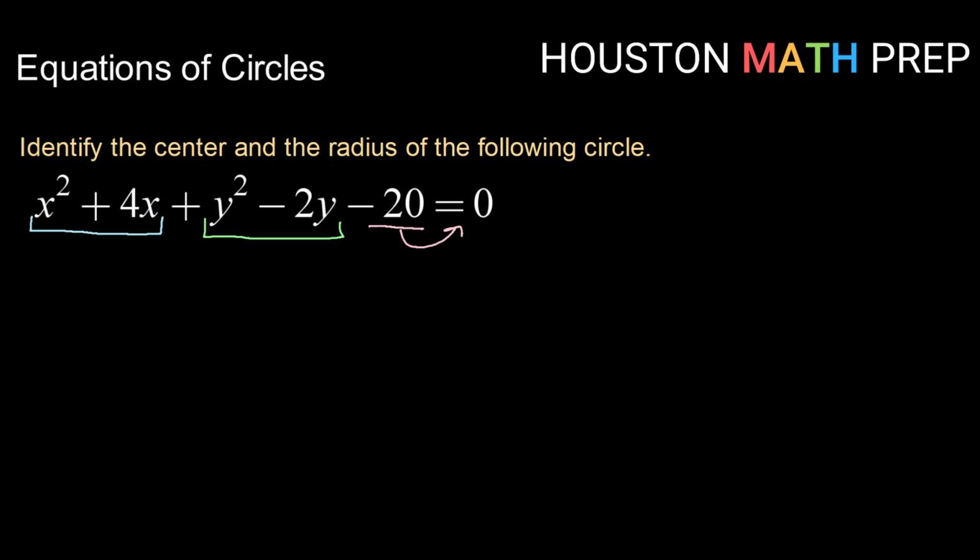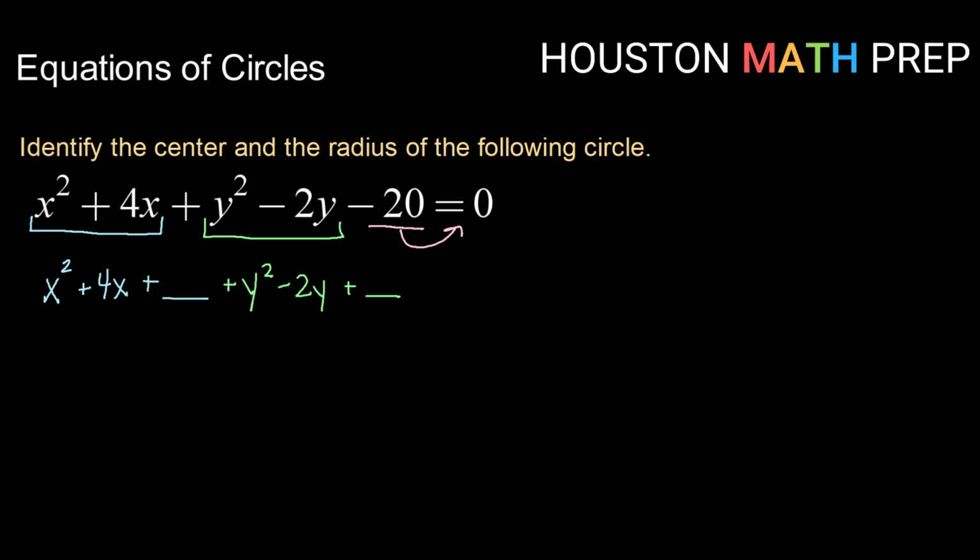So mine are already grouped. I just need to move that constant over and go ahead and set up my blanks for completing the square. So I'm going to go ahead and say this is x squared plus 4x plus blank for my x's, plus y squared minus 2y plus blank for my y's.